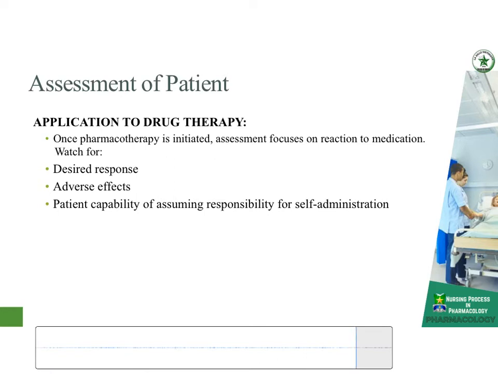for example, those under depression or schizophrenia, may lack the understanding or motivation needed to self-medicate. Okay? For them, taking medicine is not a priority. They do not mind whether they take it or not. Okay? And others may fail to take medications as prescribed because of individual or cultural attitudes towards drugs.